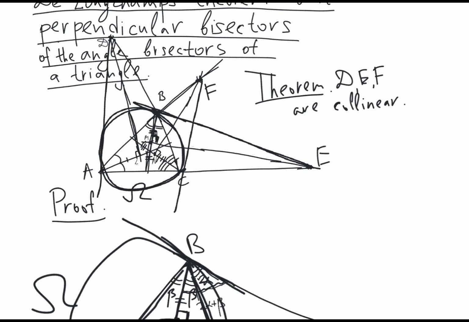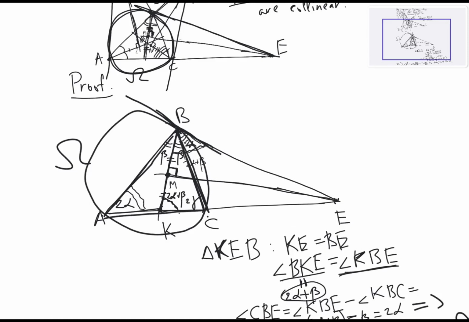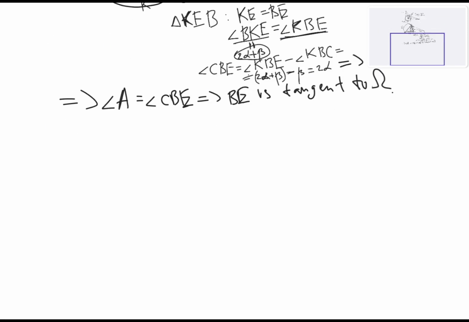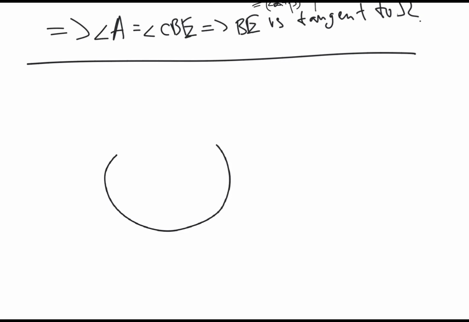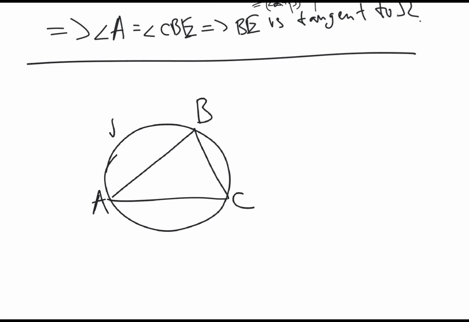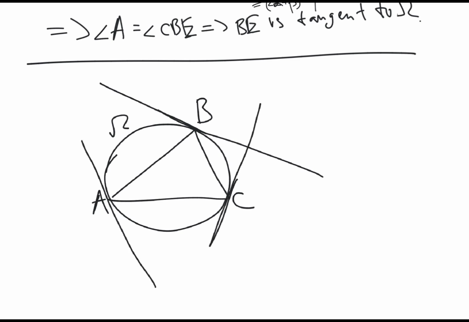So now, let's draw this separately. What we have is the circumcircle of our triangle ABC, omega, right? And there are these tangents at the vertices of the triangle.